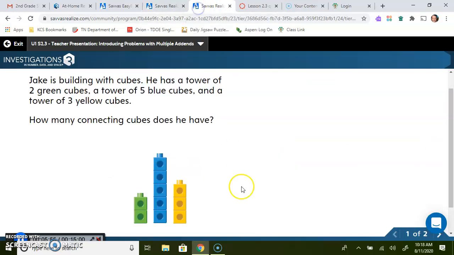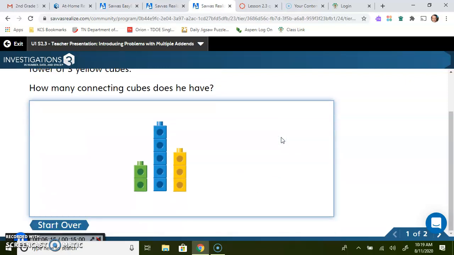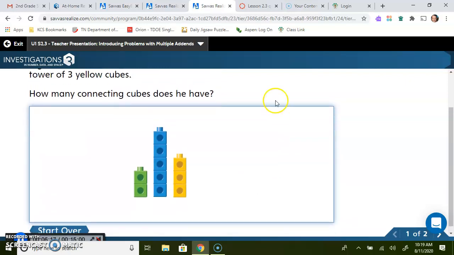So what you're going to see is a little story problem with some cubes. And I'm going to read the story problem, and I want you picturing in your head what's happening here. Jake is building with cubes. He has a tower of 2 green cubes, a tower of 5 blue cubes, and a tower of 3 yellow cubes. How many connecting cubes does he have?